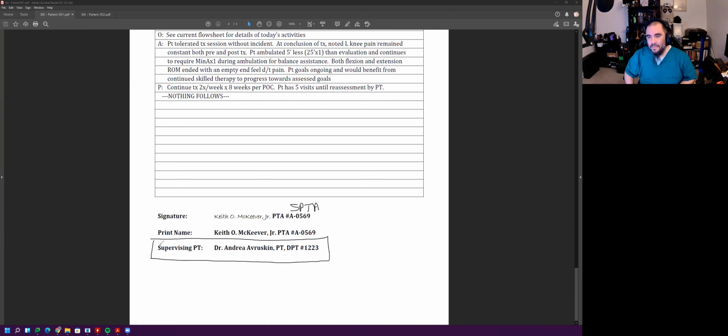So, do both the CI and the supervising PT have to co-sign, or just the CI? Honestly, in most electronic health records, almost never do my PTs look at my notes. They just usually click co-sign and be done with it because they're comfortable with me.